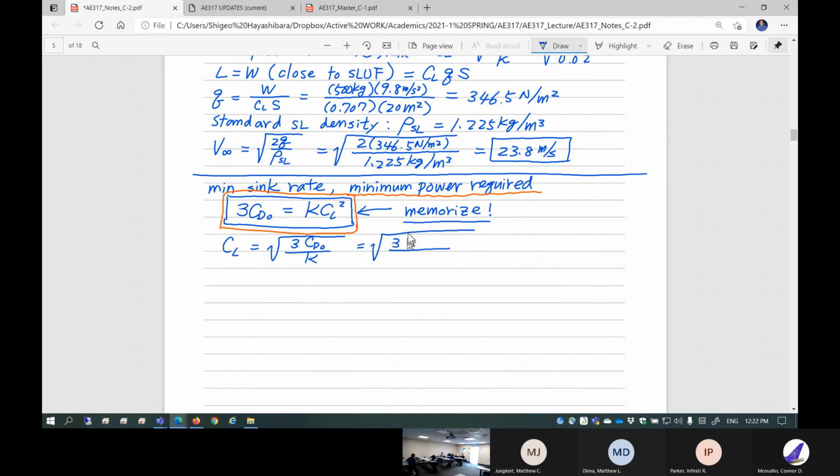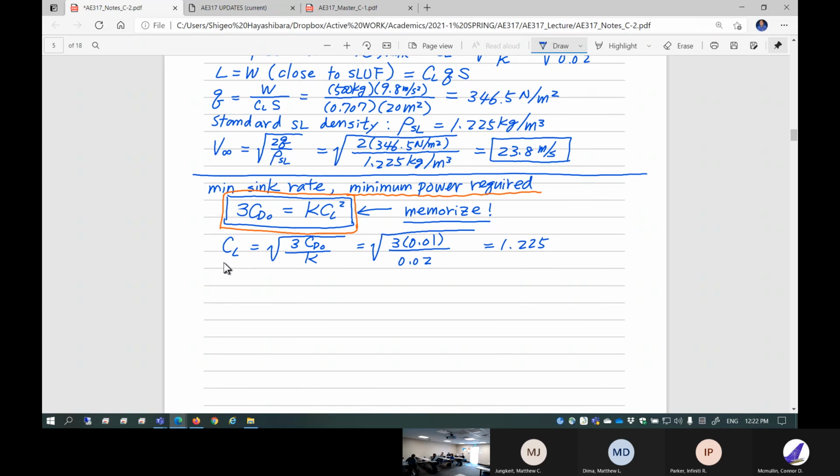So obviously CDO is given, 3 times 0.01 divided by K, which is 0.02, right? So this is 1.225. So this is the CL required for minimum power required or minimum sink rate condition. Okay, so this is a CL.